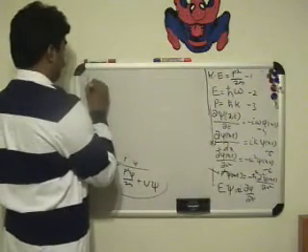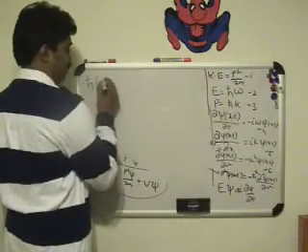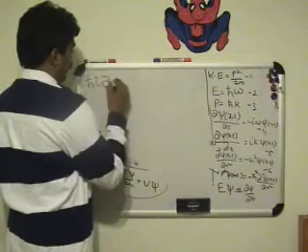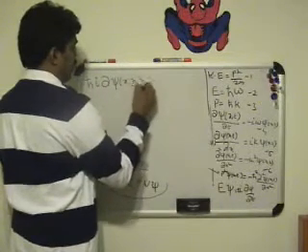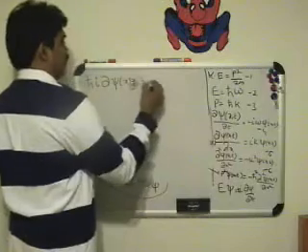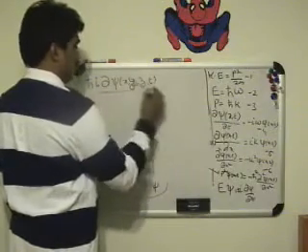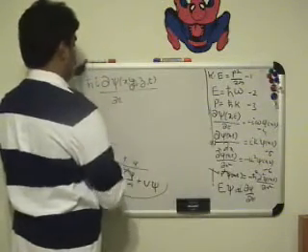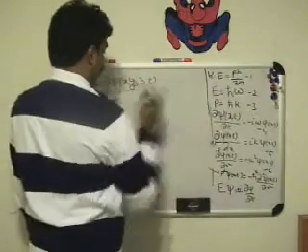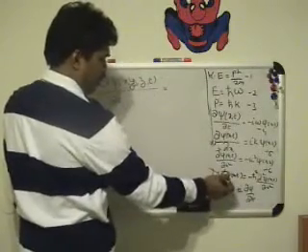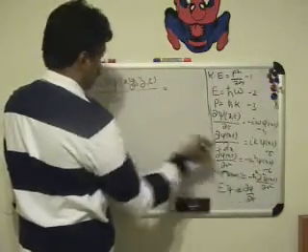So this is ħ i ∂ψ(x, y, z, t) by ∂t equal to p squared by 2m, and we know p squared is this, right?